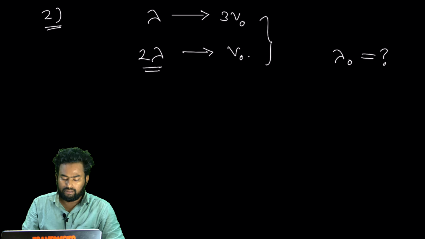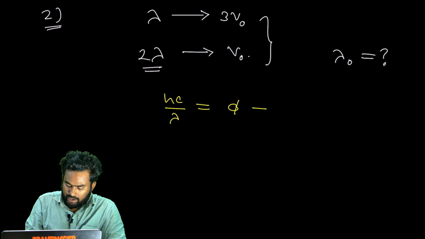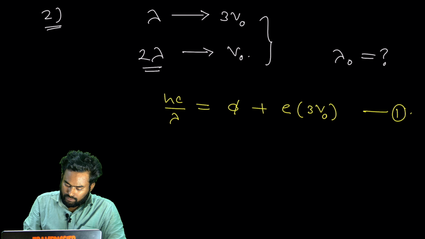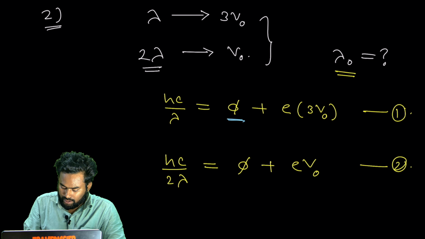Okay, question clear, simple. Again we'll use the same equation, hc by lambda equals phi plus e into stopping potential 3V0, equation number 1. From the second one, hc by 2 lambda equals phi plus eV0, equation number 2. We need lambda naught, and lambda naught will come in phi here.